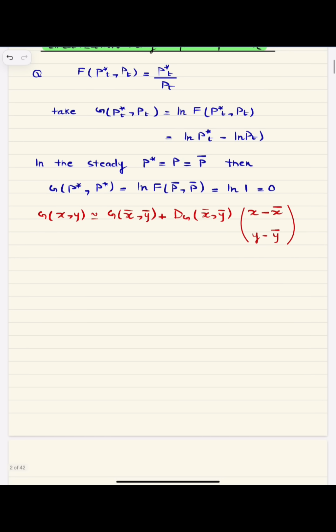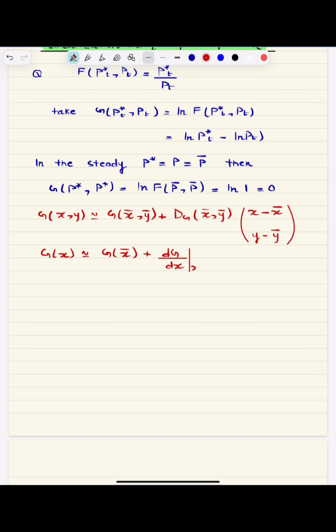So this is basically the Taylor expansion. For instance, if this was just a function of one variable, then I would have written g of x bar plus the derivative of g at x equals x bar multiplied by x minus x bar.